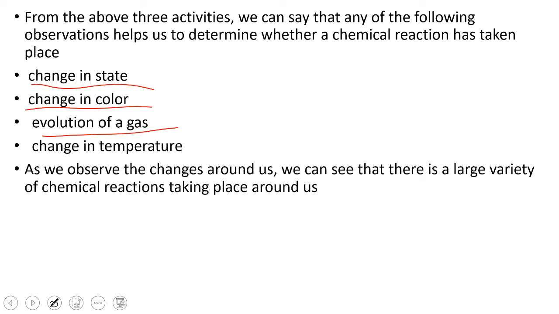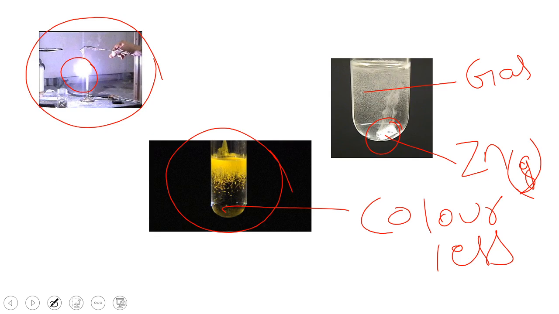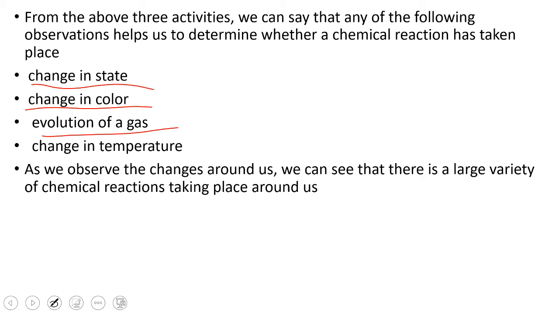If in a reaction there is change in the state, change in the color, evolution of gas, and change in the temperature, then we can say that the chemical reaction takes place.